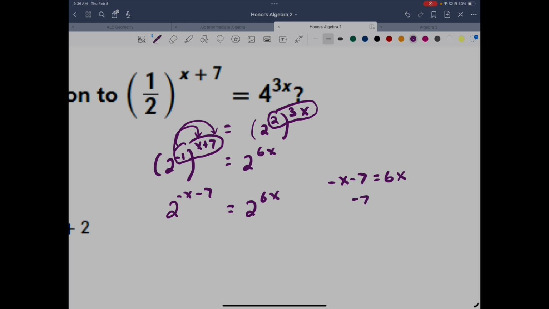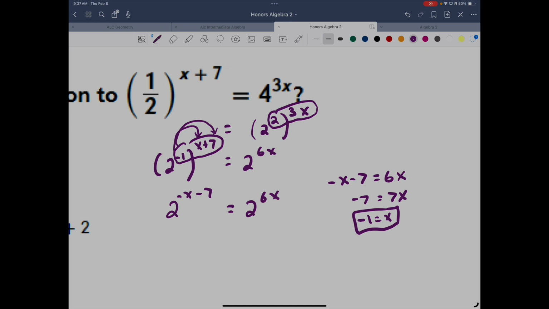So negative 7 equals 7x. Add x to both sides. Divide by 7. And get an x value of negative 1. And if we plugged that in there, it would work.